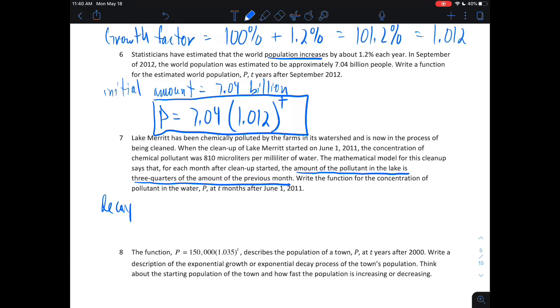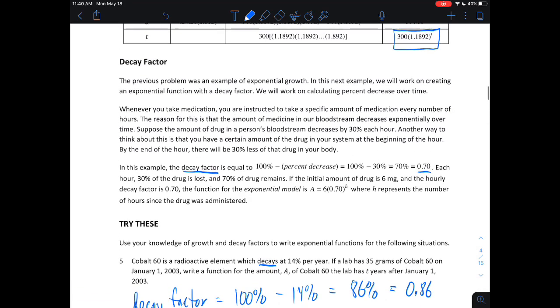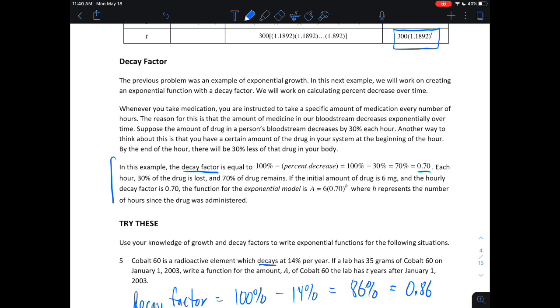To think about what that means, I want to go back to the previous page and just notice what we had in the paragraphs before we started number 5. When we go back to the third paragraph, where we talked about the decay factor of 70%, notice this says each hour 30% of the drug is lost, but 70% of the drug remains.